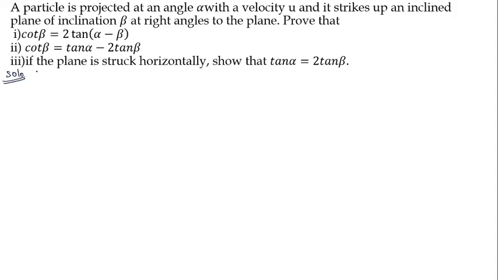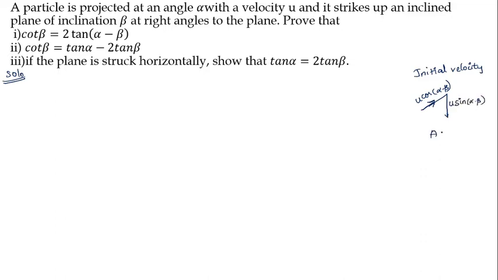Solution. We learned that there are two components in the initial velocity. One is in the direction of the inclined plane, another one is the perpendicular or vertical direction, right? So for the initial velocity, the component in the direction of the inclined plane is u cos alpha minus beta, and in the vertical direction it will be u sine alpha minus beta.